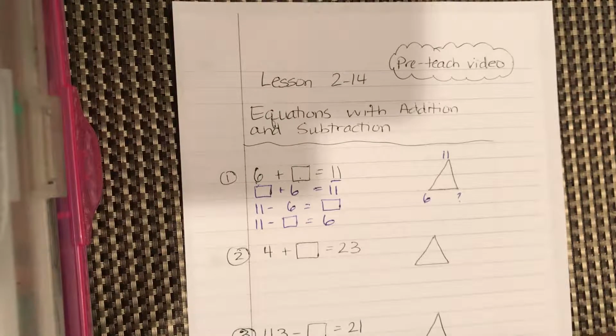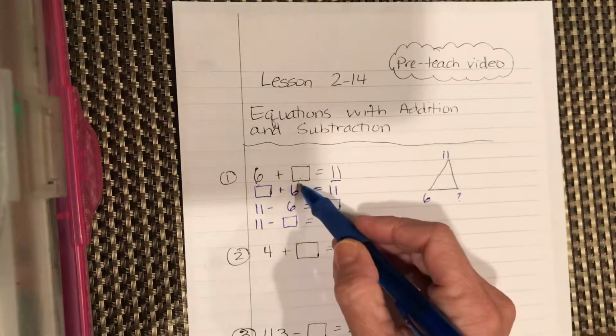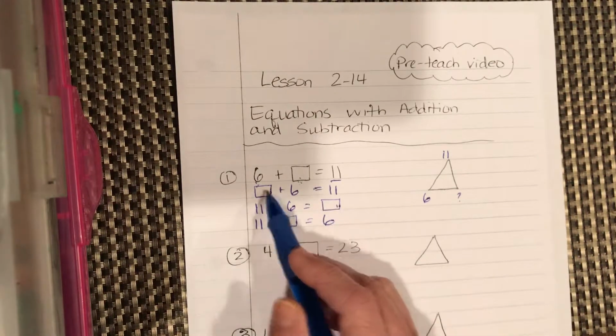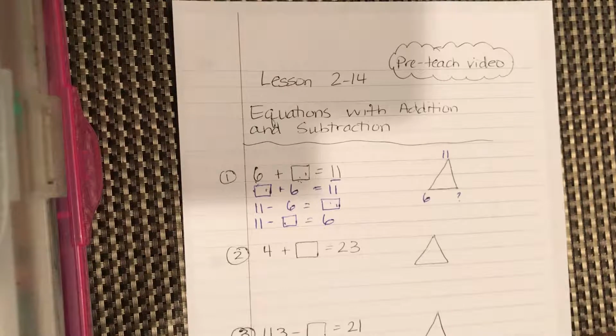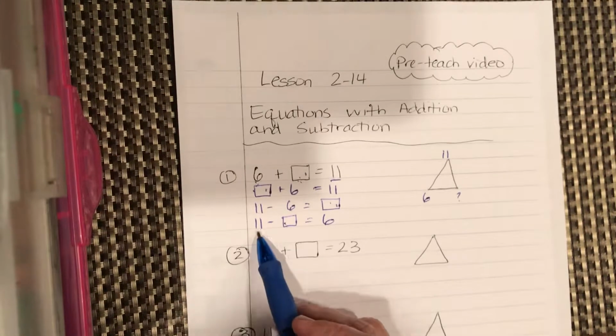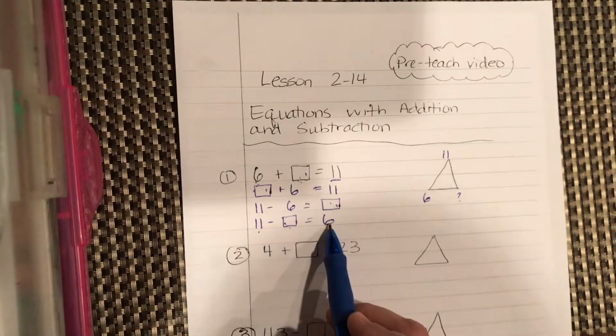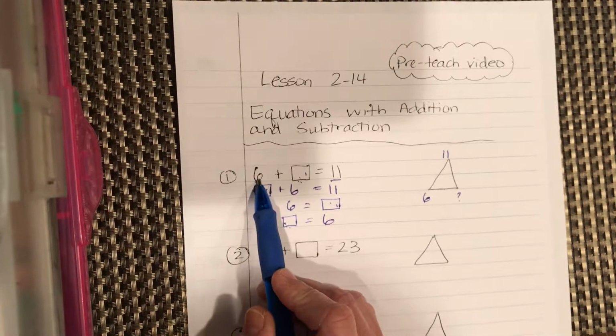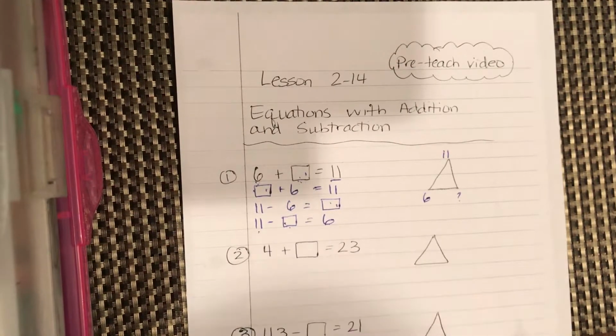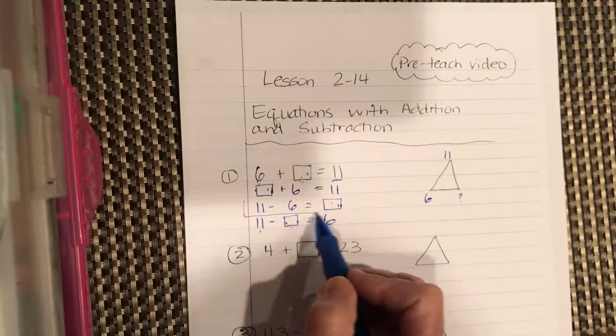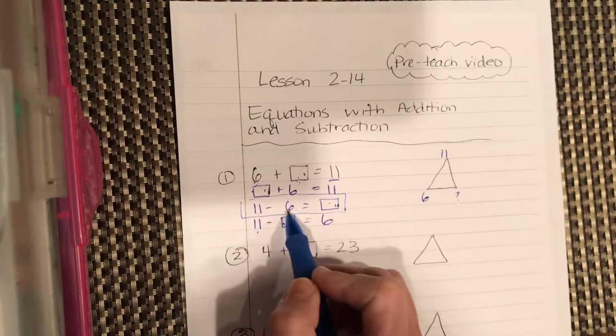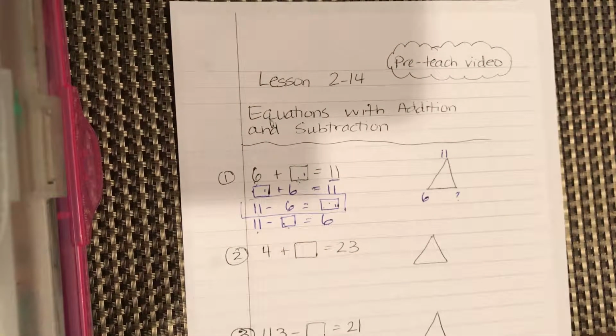Which one is easiest to do for you to figure out what this missing box is? Because whatever this missing box is, it's going to be the same number in all 4 problems. So which one's easier? Do you want to figure out 11 minus what equals 6? Do you want to start at 6 and count up? This one looks the easiest to me because you know the first 2 numbers and you're trying to figure out the answer.